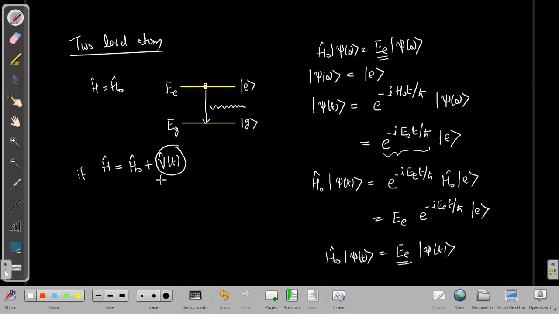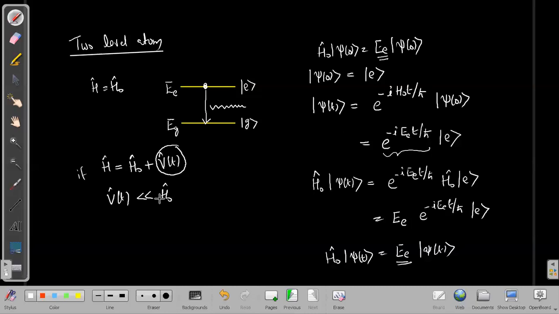Okay, so the basic idea and the basic principle behind time dependent perturbation theory is to check whether it is possible to undergo any transition. So remember, the strength of V of t would be much less than H0.